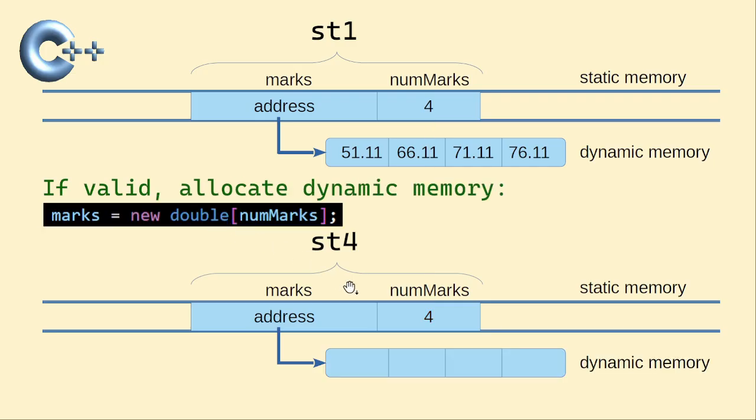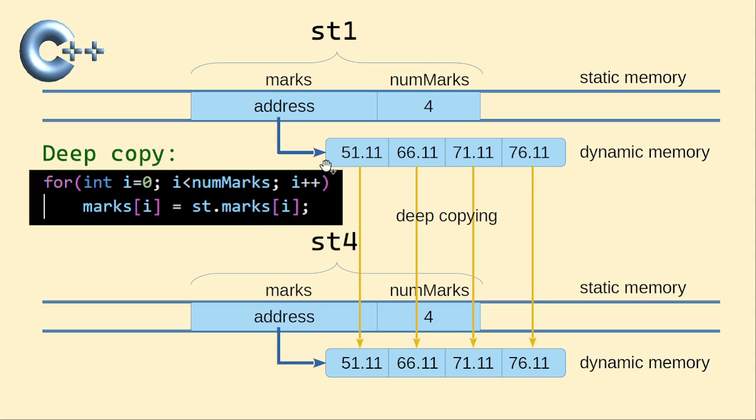And then memory space is allocated for the address attribute of st4 object, which has the capacity to hold the same number of marks as in st1 object, 4 marks. And the marks values are copied one by one by this for loop. 51.11, 61.11, 71.11 and 76.11 are copied to the dynamic memory space now belonging to st4 object.